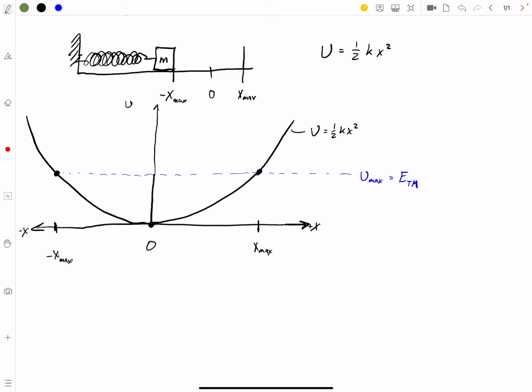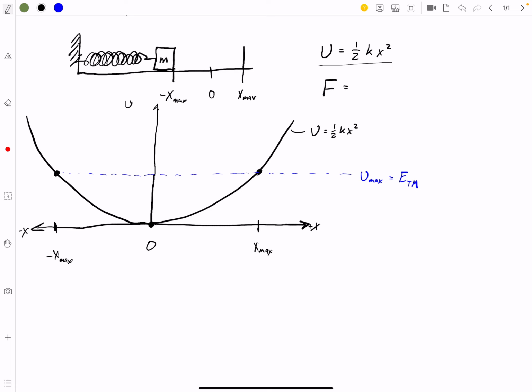Okay, so the other day we were in class doing our lab, and I wrote U equals minus kx, or I'm sorry, F equals minus kx on the board, and I said that's the derivative of this. It's true, but here's the official equation right here.